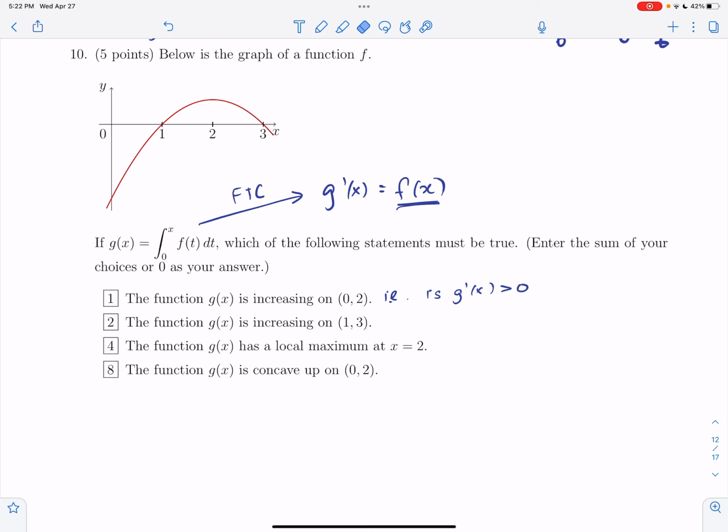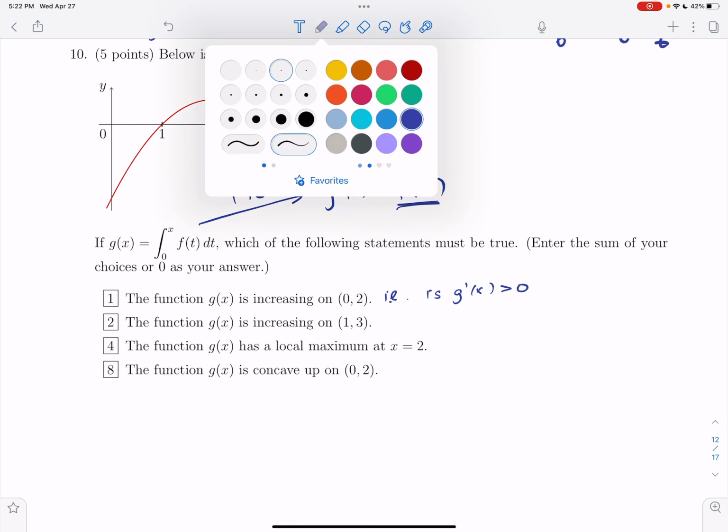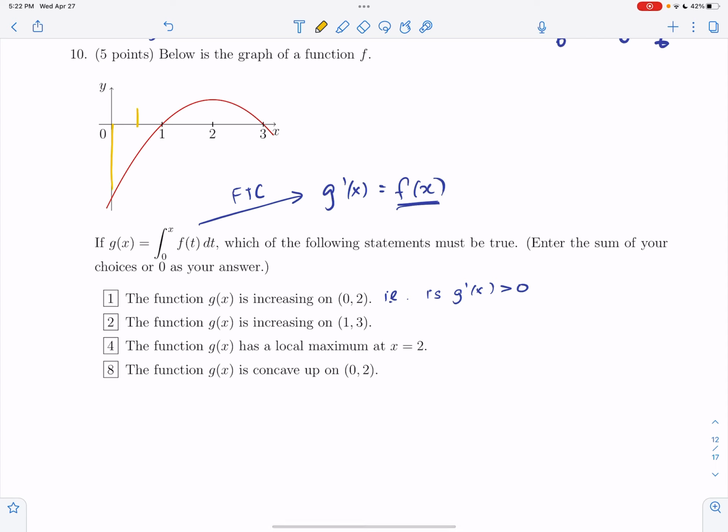Okay? Or you don't need to look at the derivative, you could also think about the area. What if you're looking from 0 to x? At 0, the integral from 0 to 0 of f of t dt is 0. But as you increase x, what's going to happen? This gets more and more negative as it's the net area, and that's negative. So it actually went from 0 to something negative, so it decreased. Okay? Makes sense?